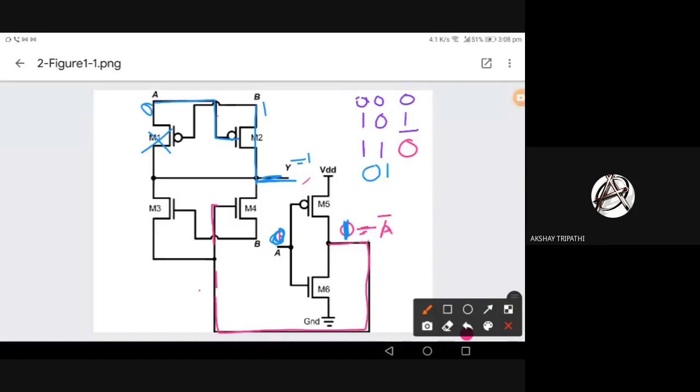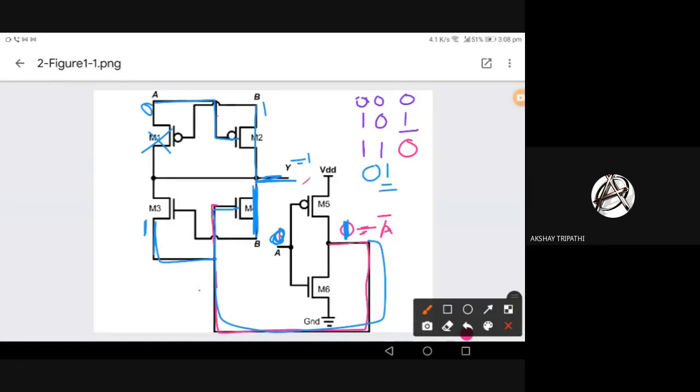So this 1 is going to the M4. So M4 is also on, right? And this 1 is also going to the source of M3. Now what is B? B is 1. You can see B is 1 here.